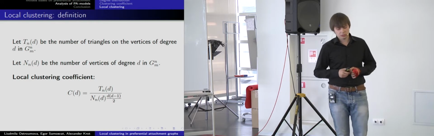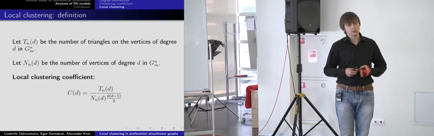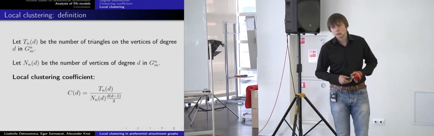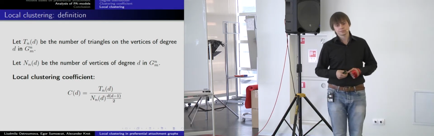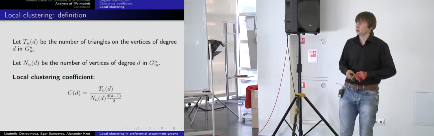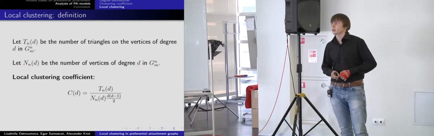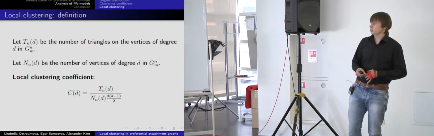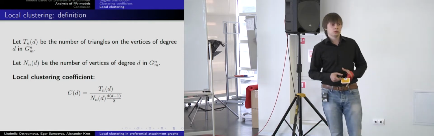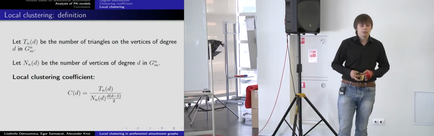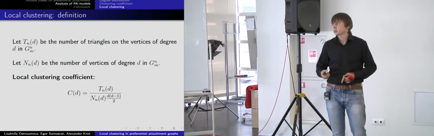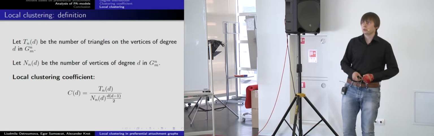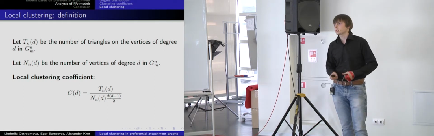Let's look at all vertices of degree d, and let's look at the triangles on the vertices of degree d. Let T_n(d) be the number of triangles on the vertices of degree d, and N_n(d), as you know, is the number of vertices of degree d.